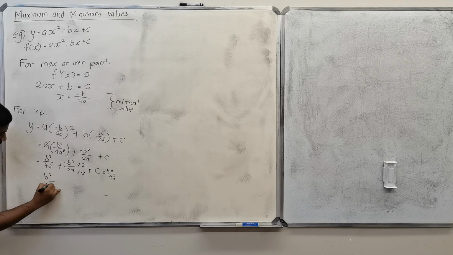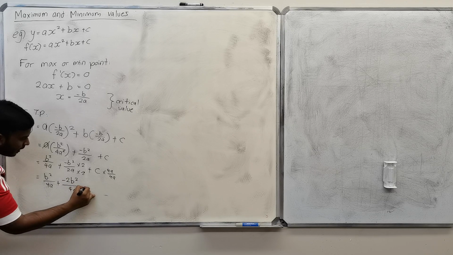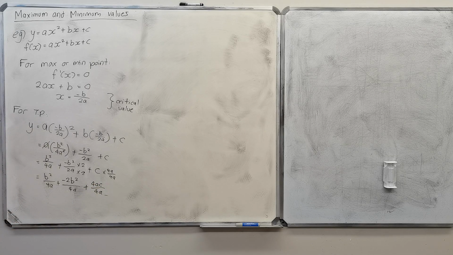b squared over 4a is equal to minus 2b squared all over 4a plus 4ac all over 4a. And if you group it, it will become b squared minus 2b squared, which is minus b squared, plus 4ac.